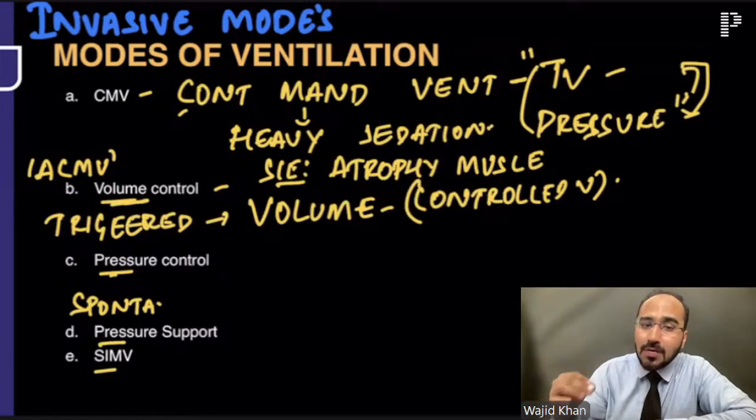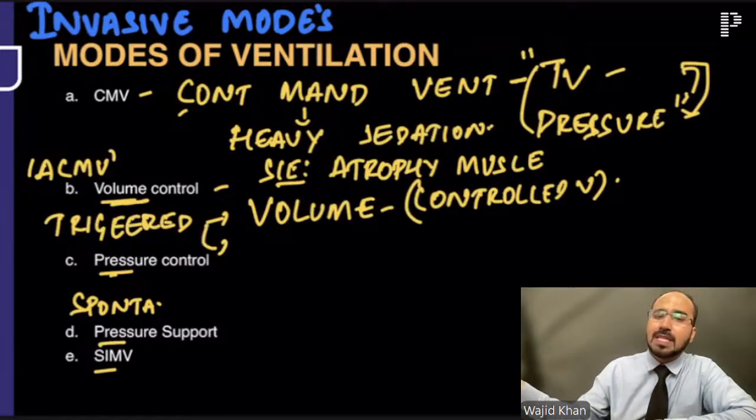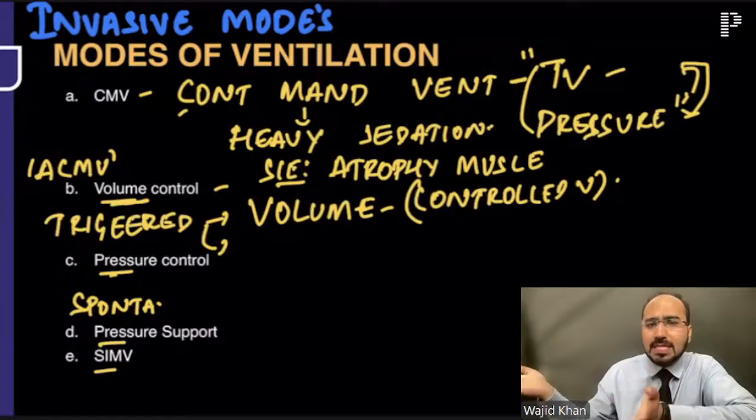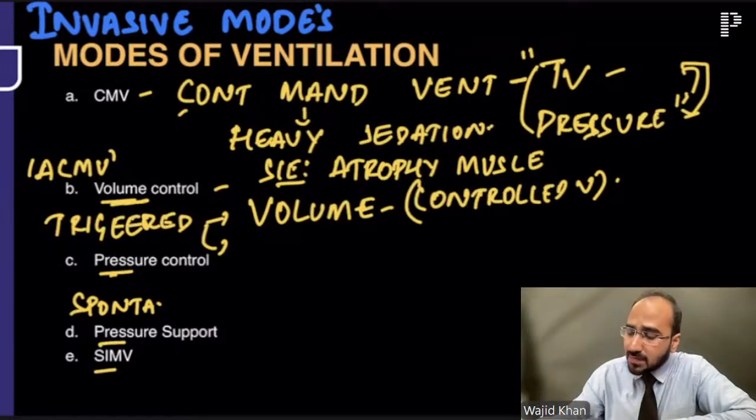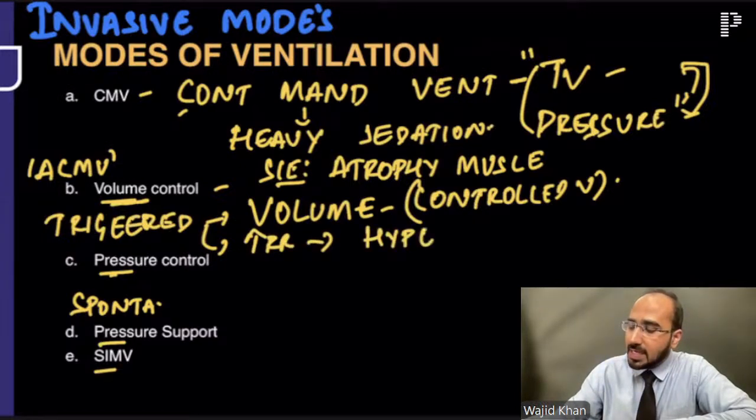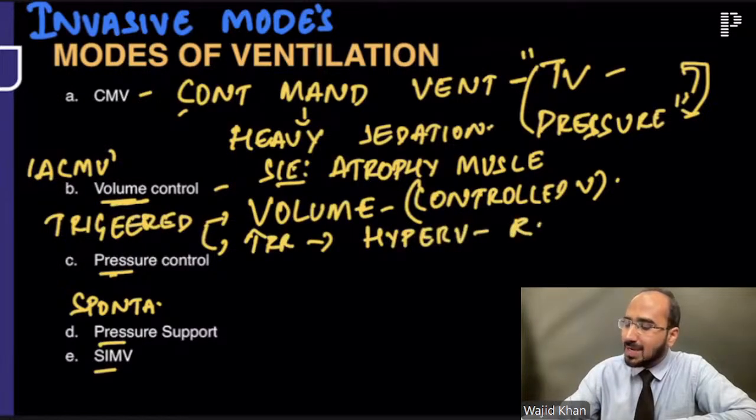But as you are allowing the patient triggered breathing, what will happen? Sometimes the patient will be breathing, sometimes the ventilator is breathing. There will be asynchrony in this mode. And due to this, the patient's respiratory rate might increase, which will lead to hyperventilation that can lead to respiratory alkalosis.